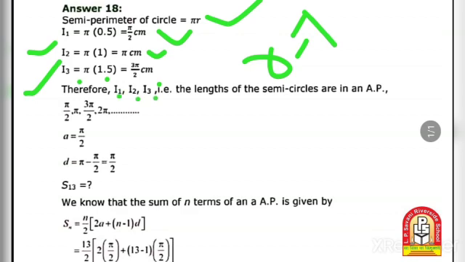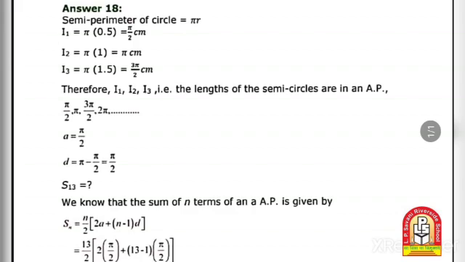Therefore l1, l2, l3, the lengths of the semicircles, are in an arithmetic progression: pi by 2, pi, 3 pi by 2 and 2 pi. In this way you can put the alternate values 0.5, 1, 1.5, 2, 2.5 etc. and you get this kind of series.